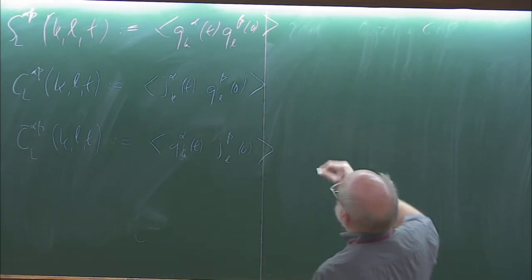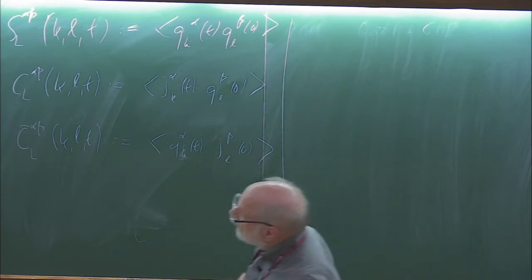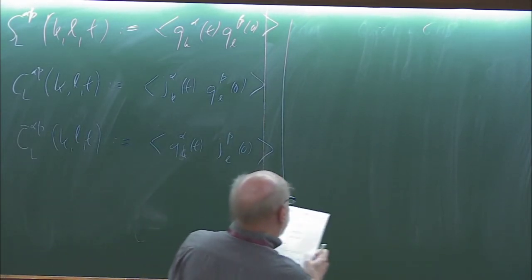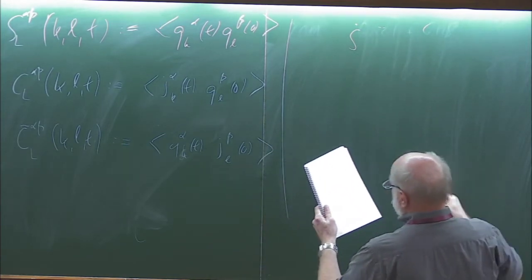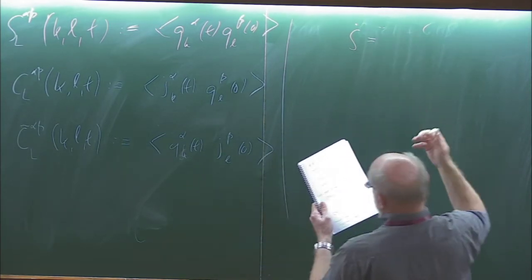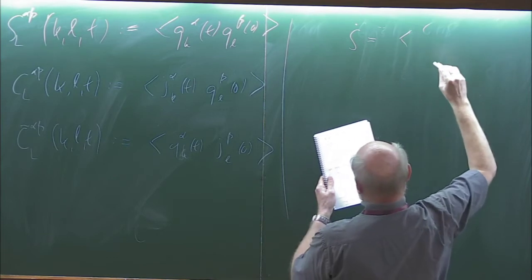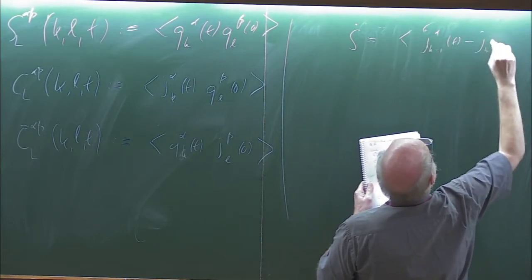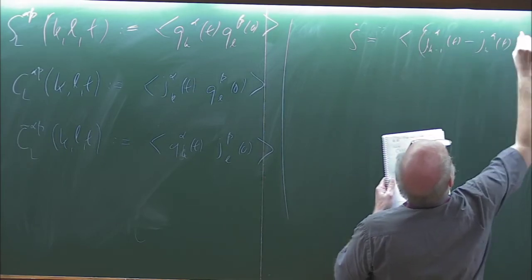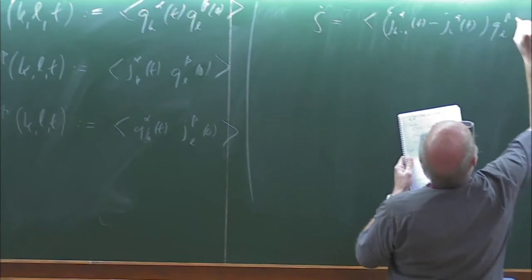Okay, so this is the quantity that I consider, and now I just use my conservation law, and I find that the time derivative S dot is equal to two different quantities. On the one hand, it is equal to the expectation of j^α_{k-1}(t) minus j^α_k(t), q^β_l(0).